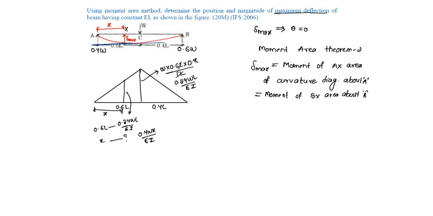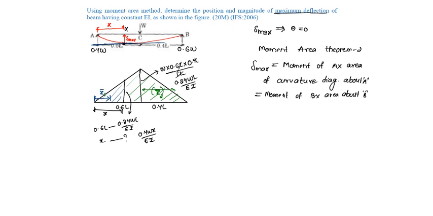So the moment about A, x bar, of this area and the moment of this area about B, let us say this is x1 bar and this is x2 bar, should be equal, since the deflection at this point can be found out taking the left or the right span.